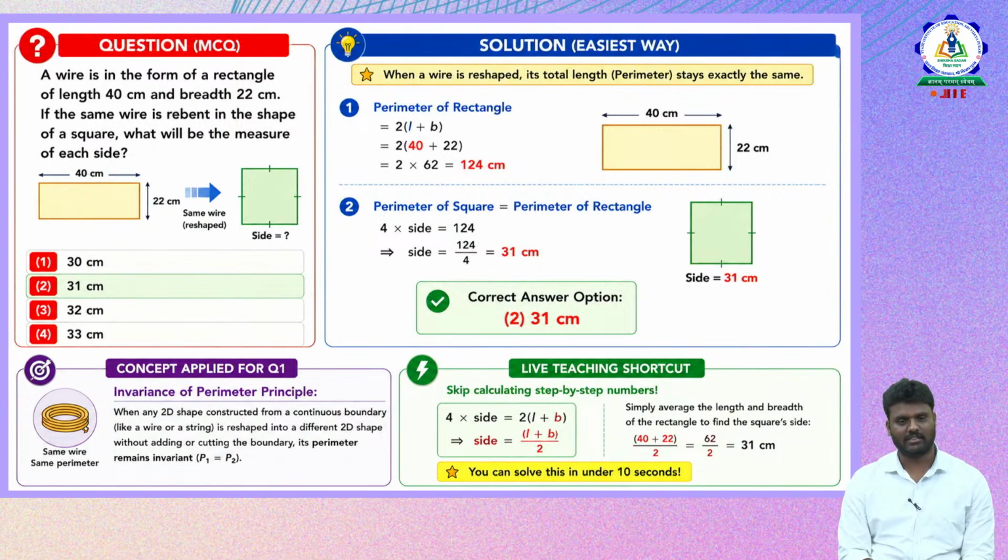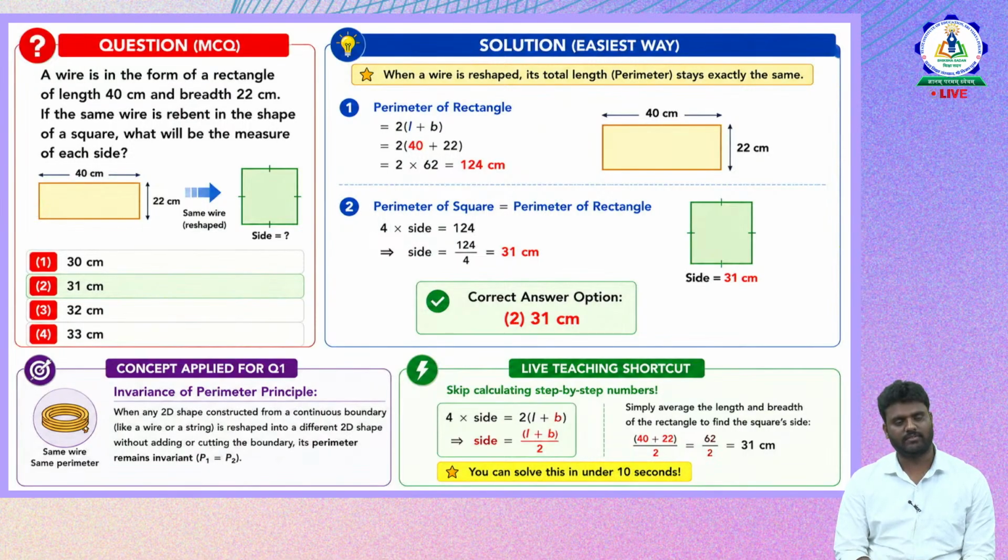Now what exactly are they asking here? The question is that a wire is in the form of a rectangle with length and breadth, which they have given here. If the same wire is rebent in the shape of a square, they want to rebend the wire from the shape of the rectangle into the form of a square.